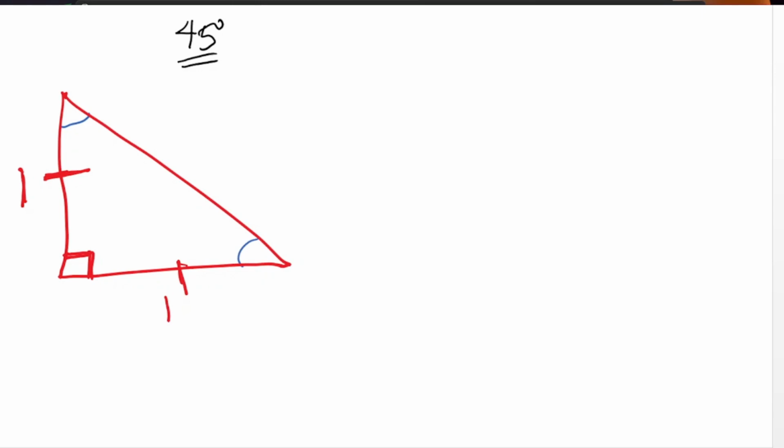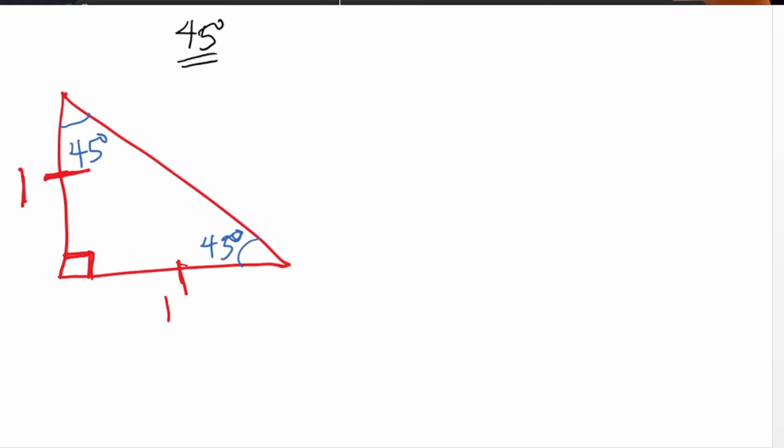Since this is 90, we have 90 left, because the sum of angles in a triangle is 180 degrees. So 180 degrees minus 90 degrees gives us 90 degrees. You divide 90 degrees into 2, so this gives us 45 degrees, and this also is 45 degrees. So we are considering 45 degrees, 45 degrees, where we're going to have two opposites, two adjacent. That's what it means.